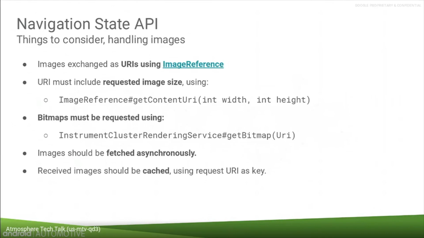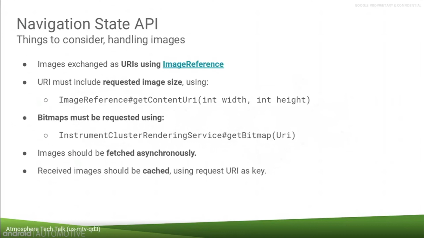You need to pass the requested size. So the navigation applications are going to use this information to decide what is the best size and asset to pass back. So you take the URI that you receive on the navigation state object, you pass it to getContentURI with the requested size. You're going to get a complete updated URI that you can pass to the second method, the getBitmap on instrument cluster rendering service.